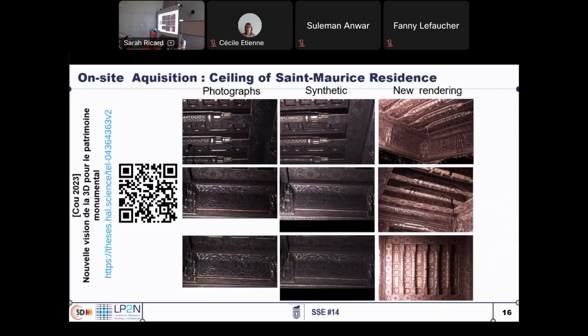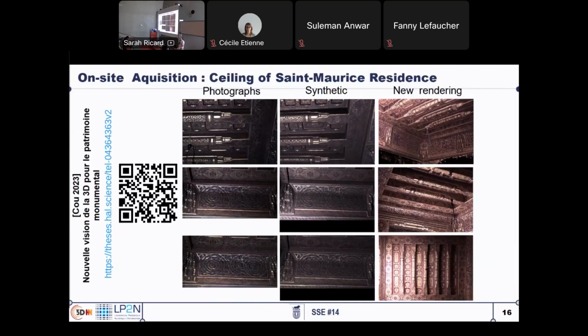On your left, you have the actual photographs that were taken. In the middle, what we have computed based on our estimation of the spatially varying BRDF, and on the right, new points of view on the same.